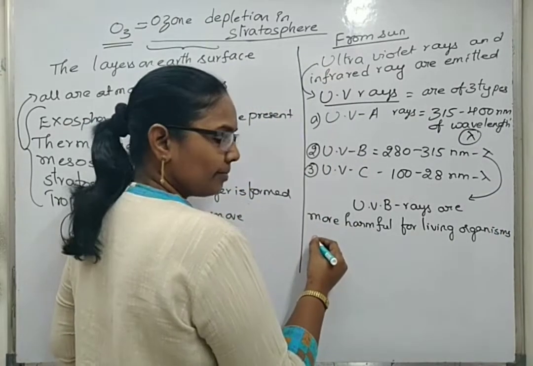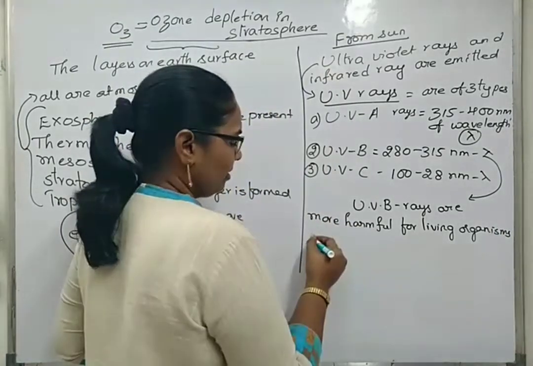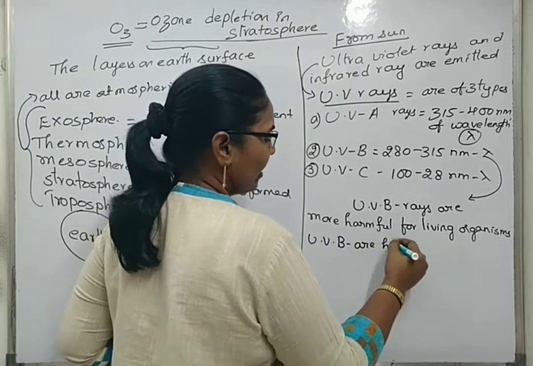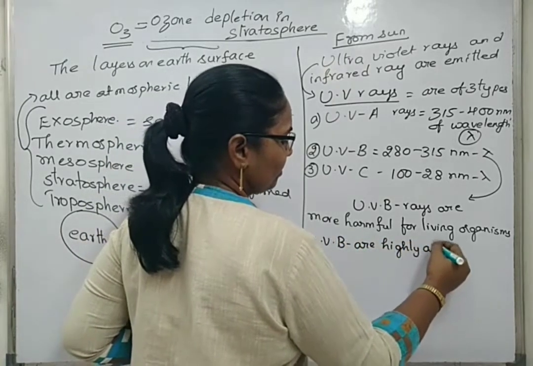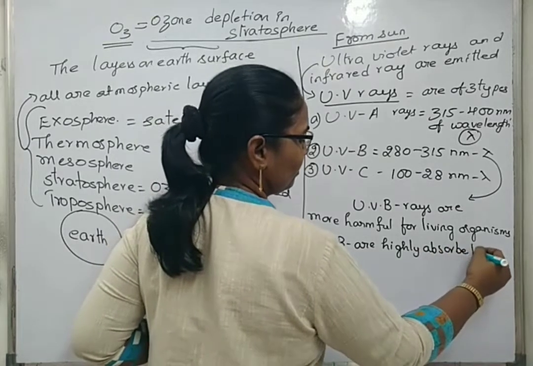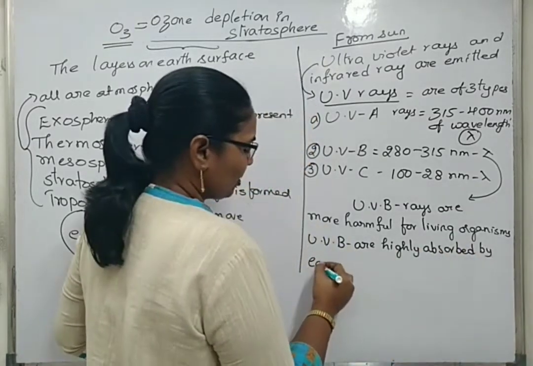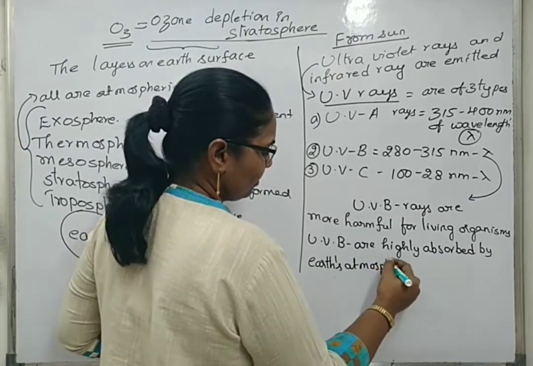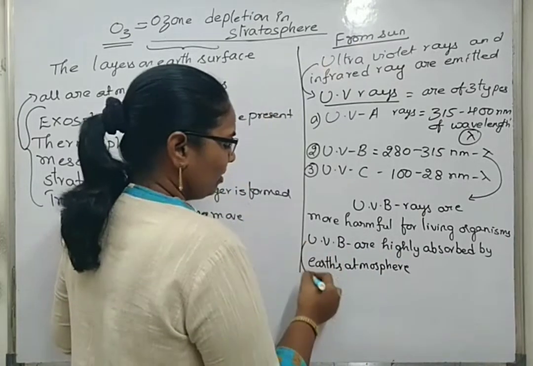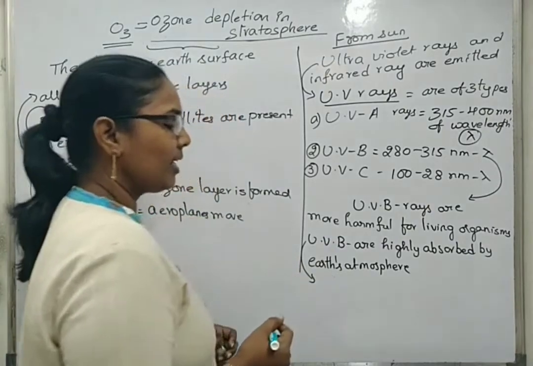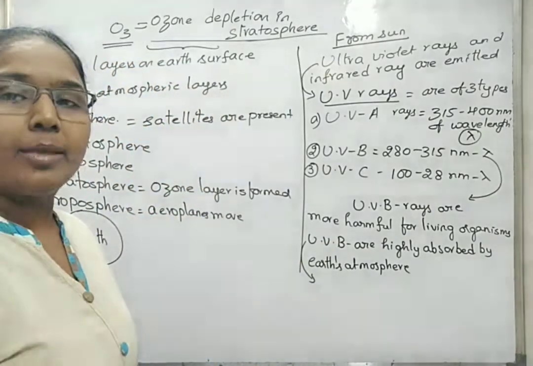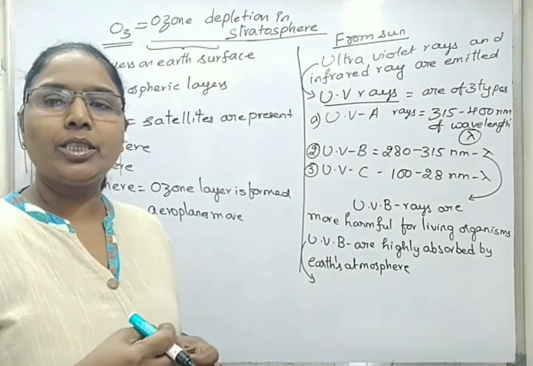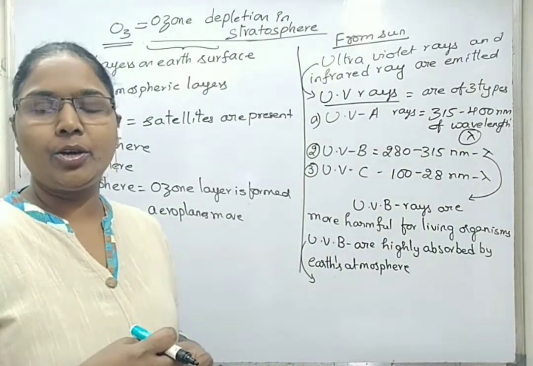Next, UV rays B are highly absorbed by Earth's atmosphere. When UVB rays are absorbed by the living organisms in the biosphere, they are easily attracted by the DNA molecules and the proteins of the living organisms.